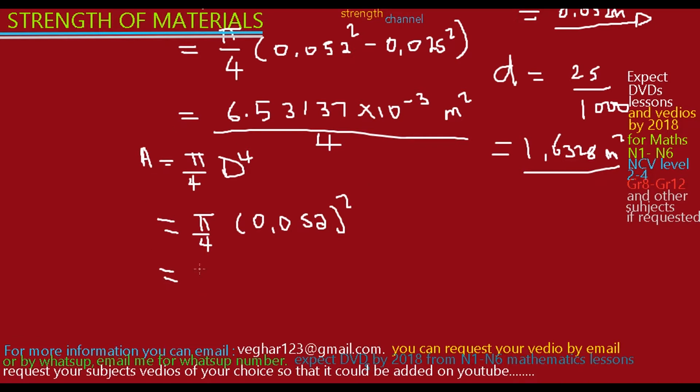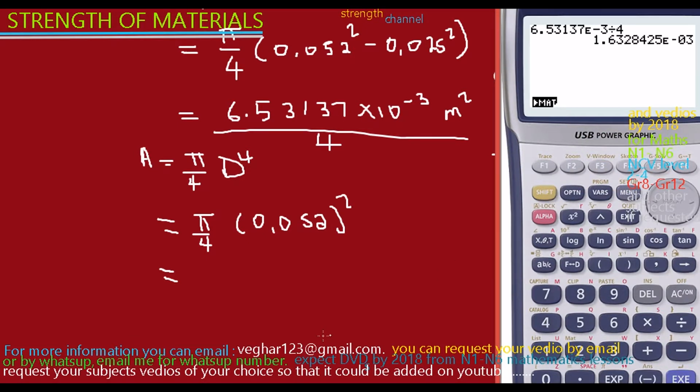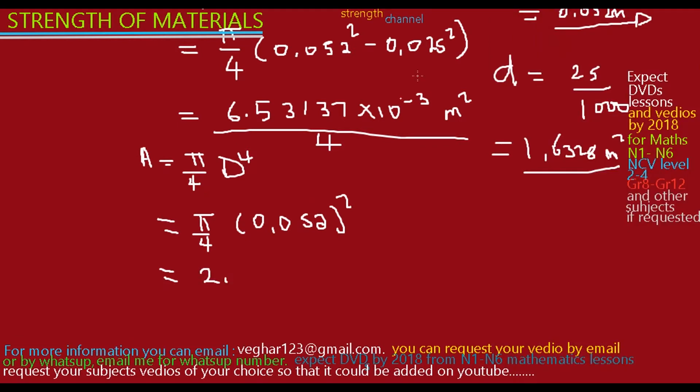Also, this is the area. So for this one, this area you will have to calculate, just set pi multiplied by 0.052 squared divided by 4. Then the answer is 2 comma.